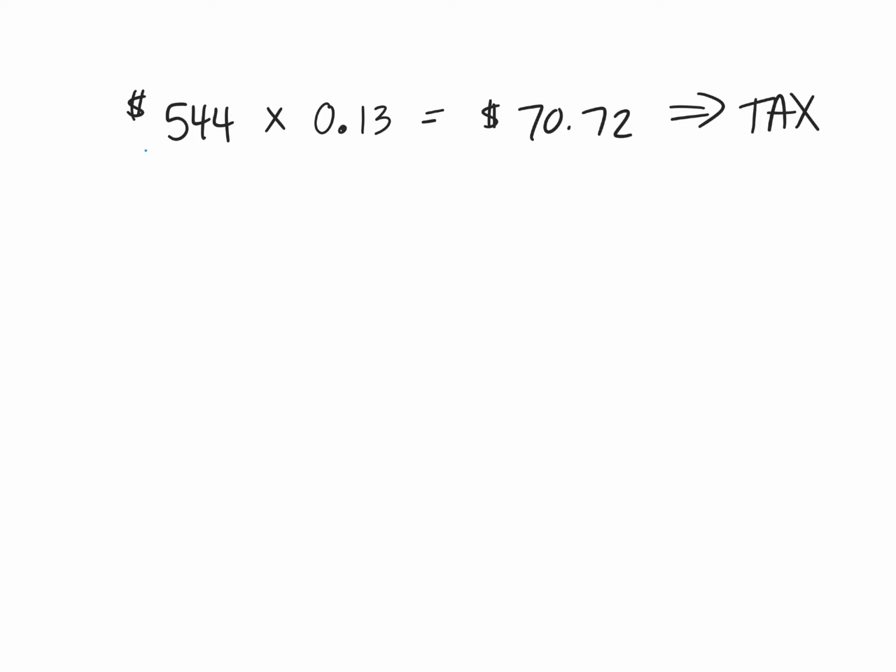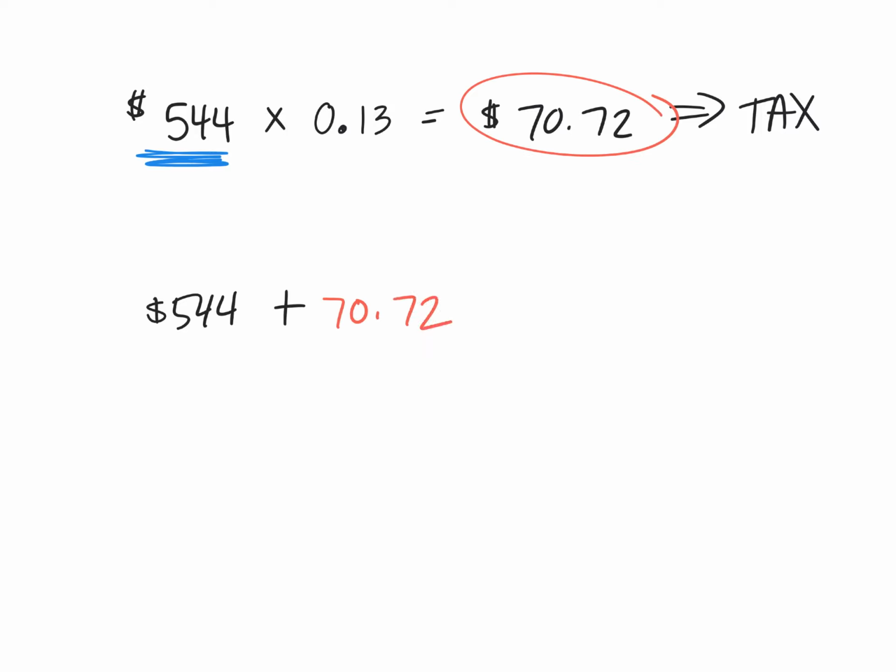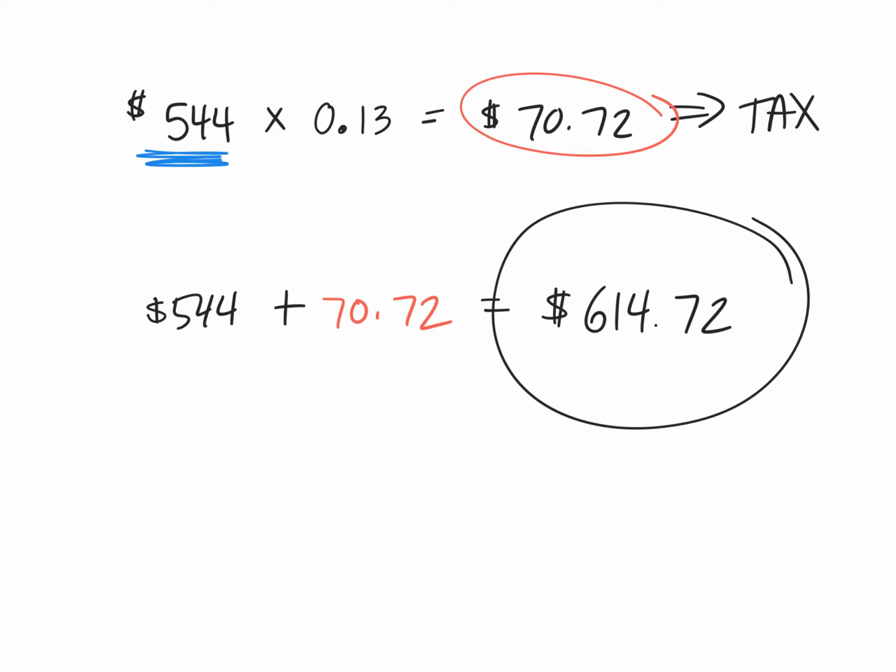I had to pay $544, right? But then I also have to pay tax on top of it. So I have to add the $70.72. And what is the total? $614.72. It's going to cost $614.72 to pay for carpet for this room.